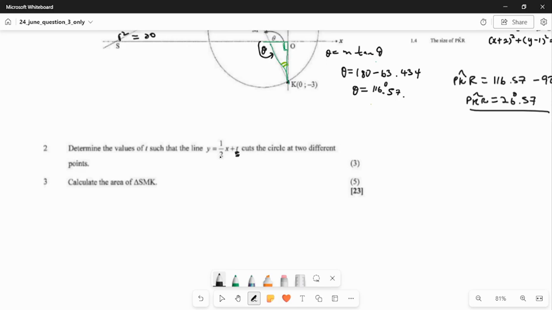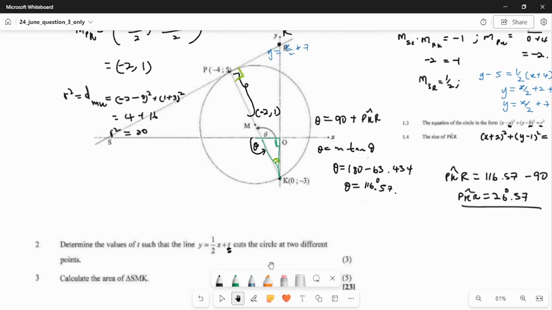So what are the values of t that meet that requirement? All our straight line graphs that have a gradient of half will be parallel to this function. As long as a function has a gradient of half, they will be parallel.